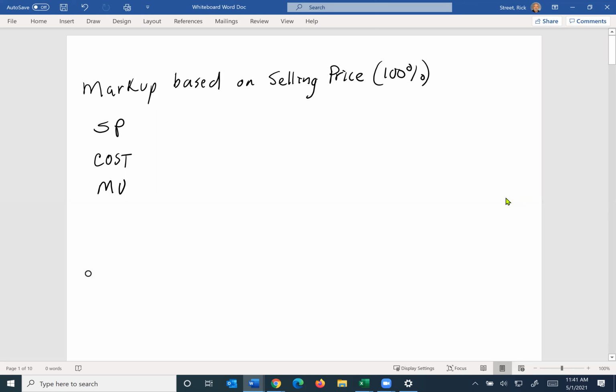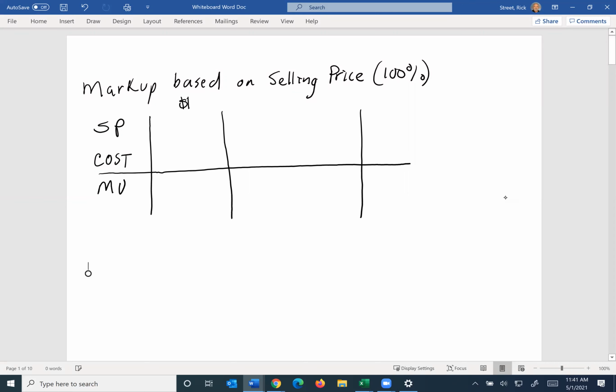So this is the way I set this up. I kind of like to draw a little grid. You can get to where you do this with less effort. I just want to do it slowly at this point to demonstrate just how I do this. So this is always going to be the dollars part of the equation. Sales minus costs equals the markup.